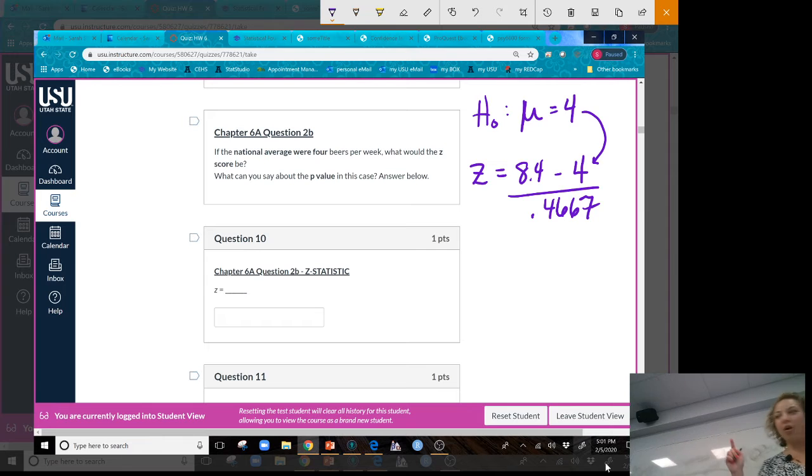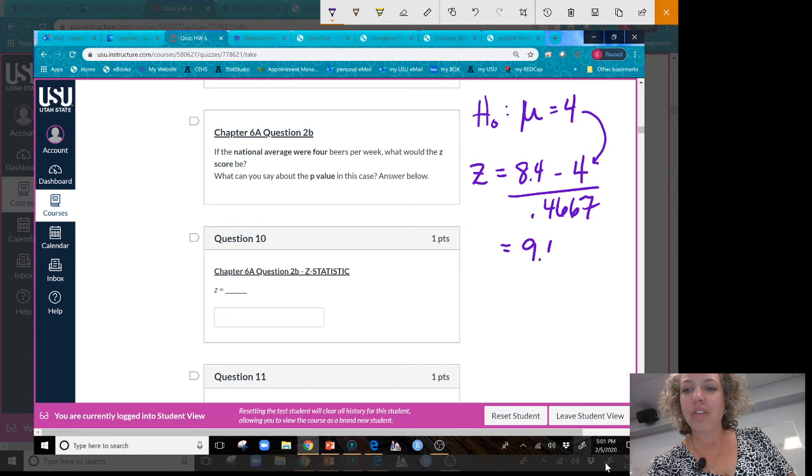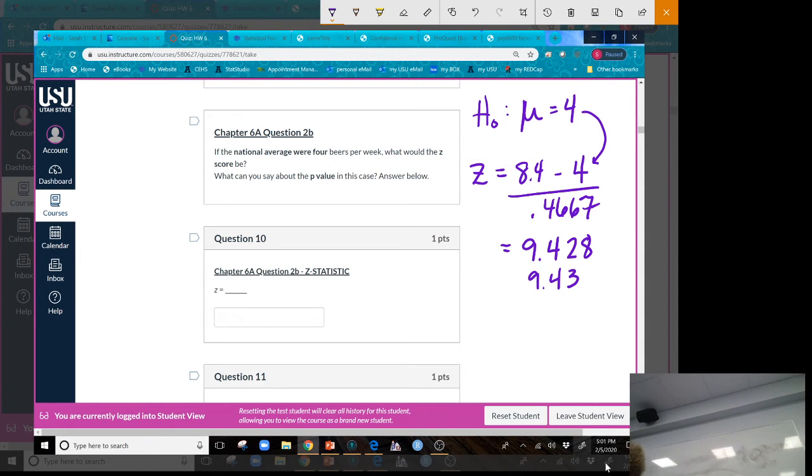Before our z-score was 3.000. Now what do we get? 9.428, or 9.43. Either of those is fine. That's our z-score now that we've changed our null hypothesis from 7 down to 4.